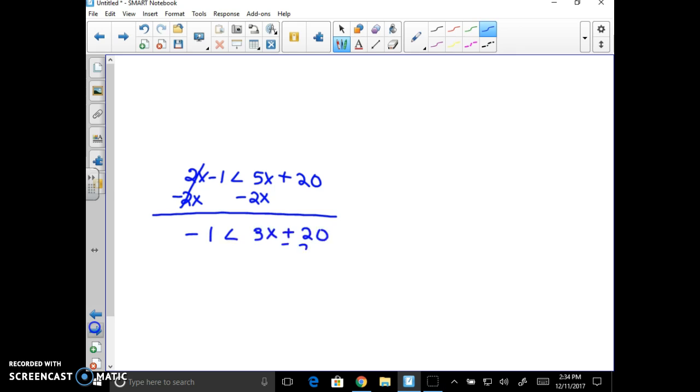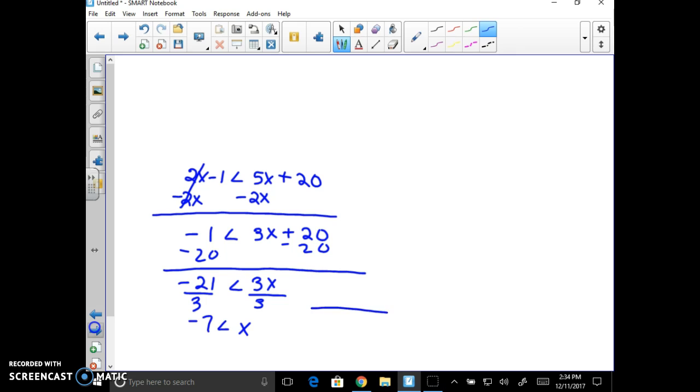Let's move the constants. -7 is less than x. -9, -8, -7, -6, and -5. So I'm going to have an open circle at -7. And now I have to figure out which numbers when I substitute it in for x will be true. Well, -6 will be. So it goes in this direction.